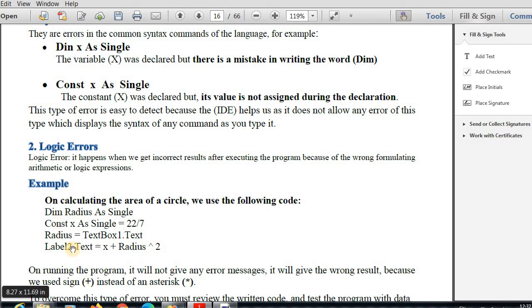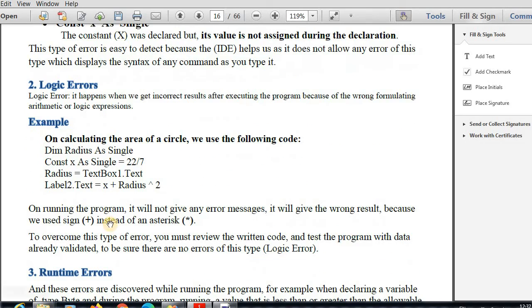We declare them, then we make the assignment statement with the value. So it should be multiply instead of plus, so it is a logic error. Be careful if you get that, so it will not be correct with you, and the program will not work.